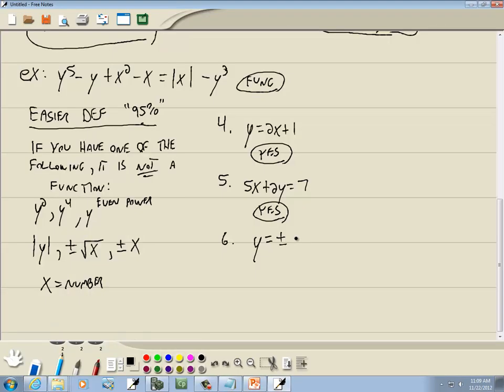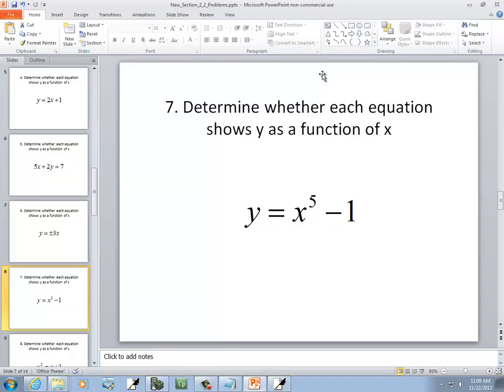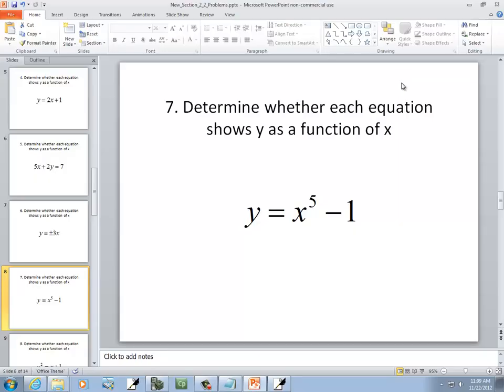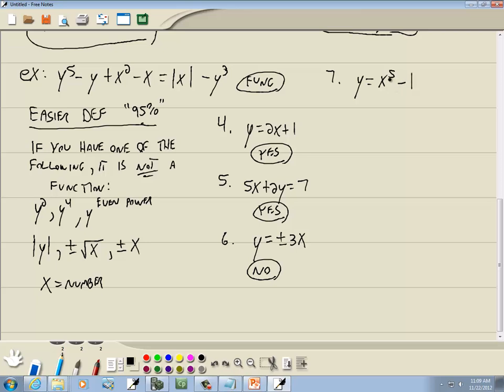Here we got y is equal to plus or minus 3x. Well, plus or minus in some version of the x we said we can't have. So this is not a function. Let's see, number 7. We got y is equal to x to the fifth minus 1. Well, y to the first is okay, and there's nothing wrong with x to a power.